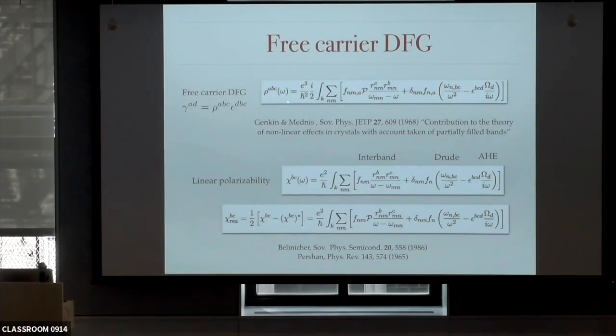That gets me one more index, so this has three indices now, but everything else is the same. So for every piece in linear polarizability, there is a free carrier photocurrent. For example, the anomalous Hall effect gives you buried dipole, the Drude peak gives you this semi-classical guy, and the interband piece gives you this new spiky configuration.